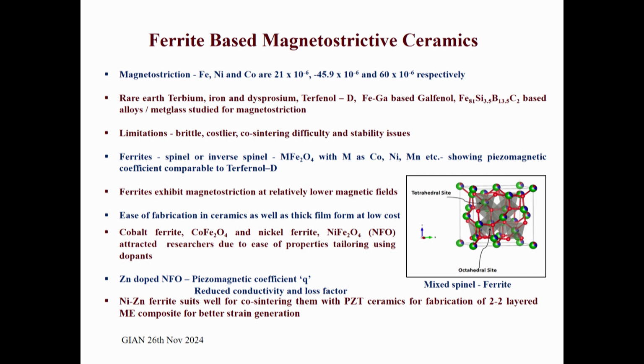Typically, even for the single crystal, this value is up to 25, 30 or 35, 40 into 10 to the power minus 6. However, there is another parameter, what is called the piezomagnetic coefficient. The piezomagnetic coefficient is the change in the length for a small change in the magnetic field.